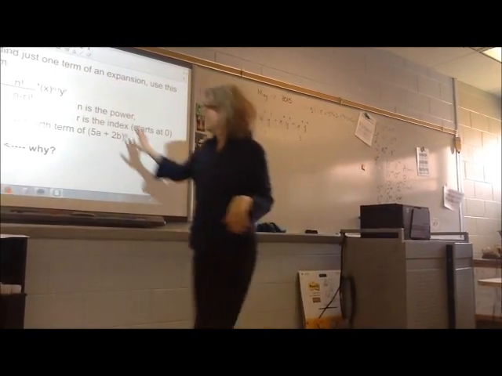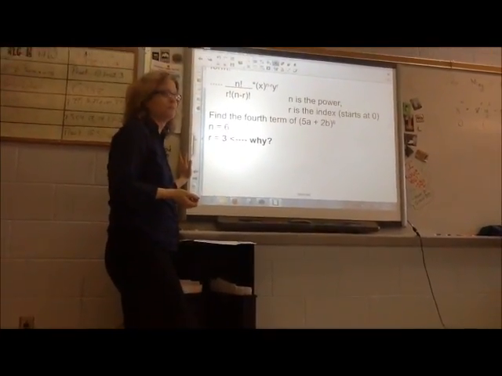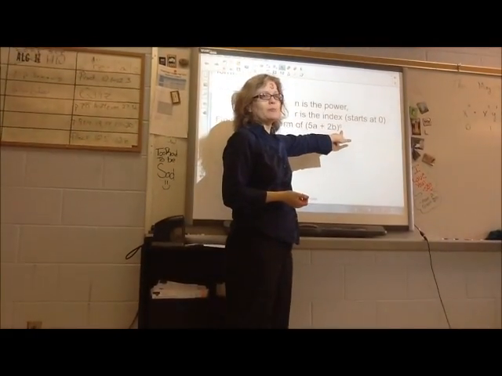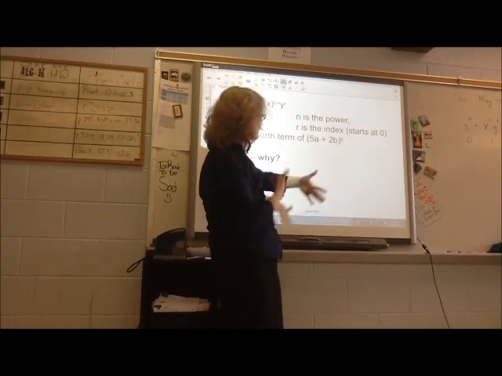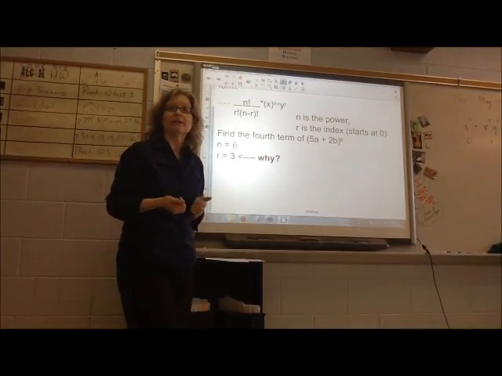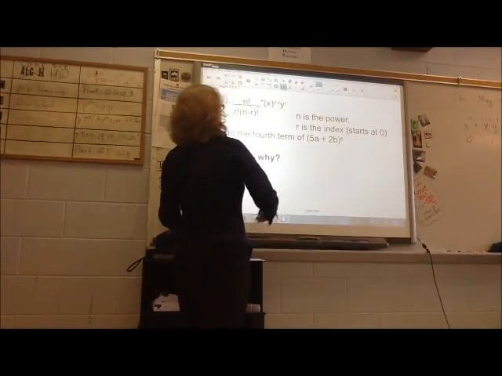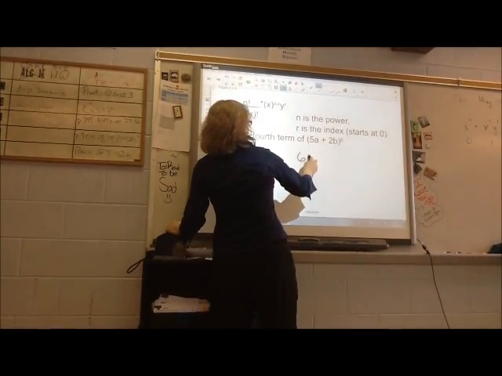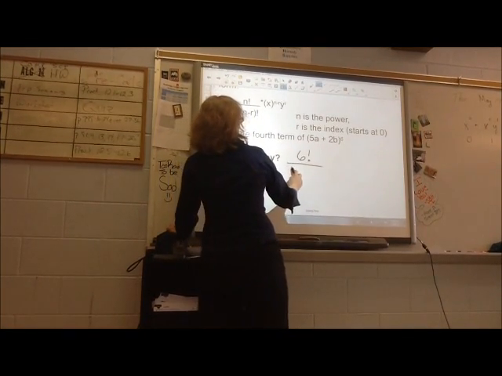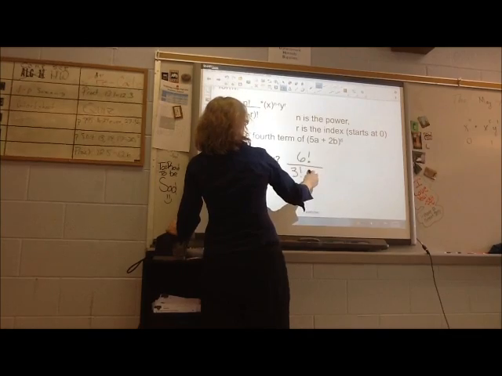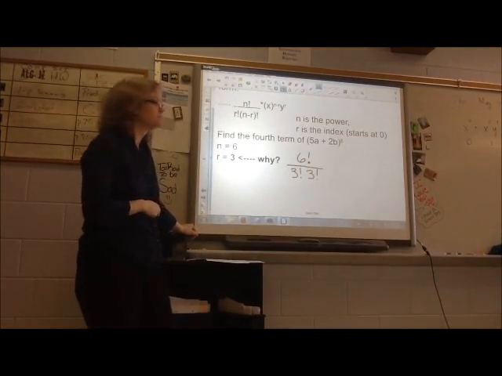So, to find the fourth term of 5a plus 2b to the 6th power, n is always the exponent, so n will be 6. And r is 1 less than what you're looking for, so r will be 3. And we're just going to plug into this formula. N factorial, so 6 factorial, over 3 factorial. 6 minus 3 is also 3, so that's 3 factorial again.